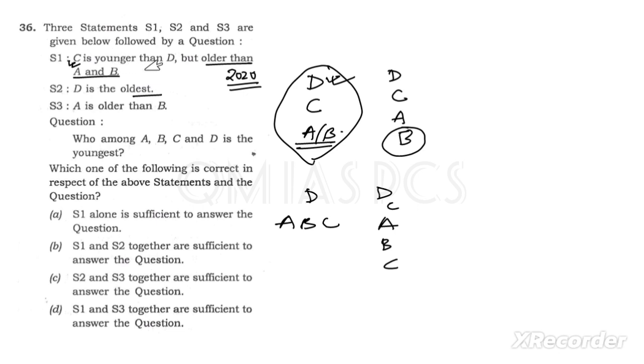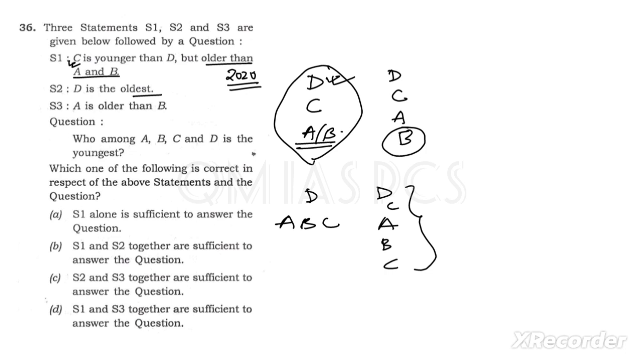If you remove statement 1, we get this. That's why we have to understand which statements are completely sufficient to answer the question.